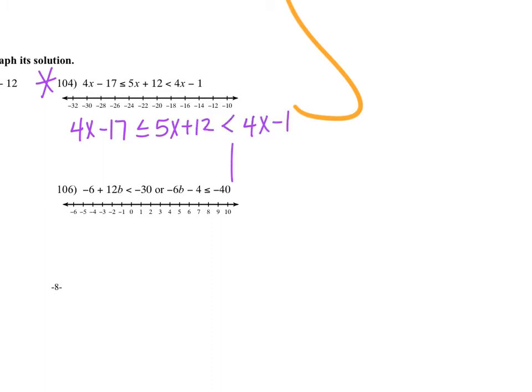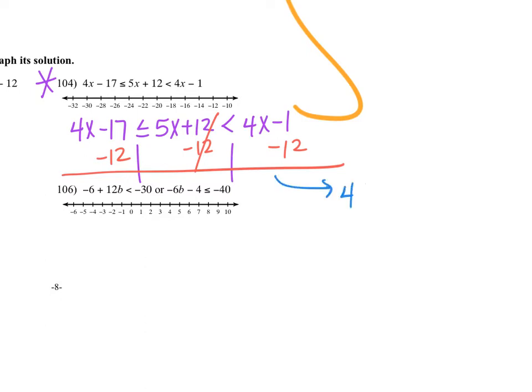So you've got to think of it as 3 sides. So if I subtract 12 here, I also have to subtract it from the left and also the right. So I then get 4x minus 29 less than or equal to 5x is less than 4x negative 13.